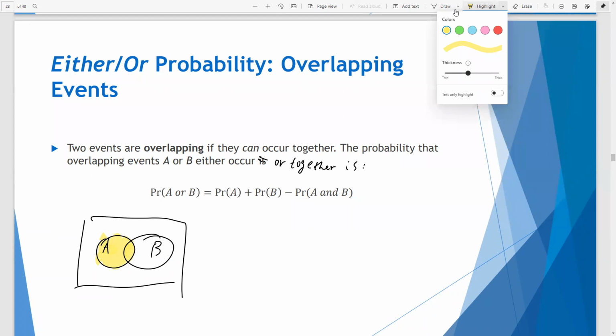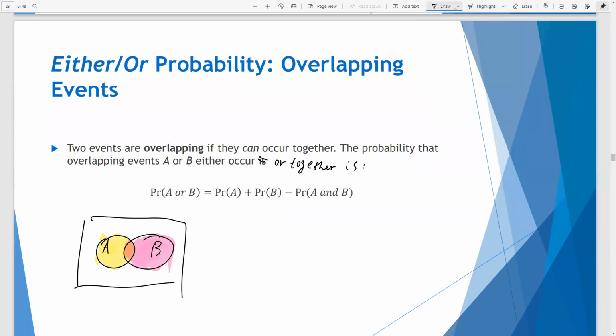And when B occurs, that's B and the middle intersection part. When we add the parts together, the middle overlapping part is actually added twice.